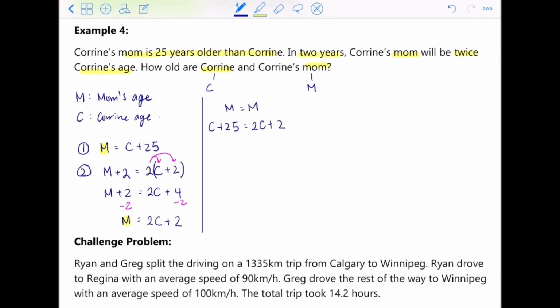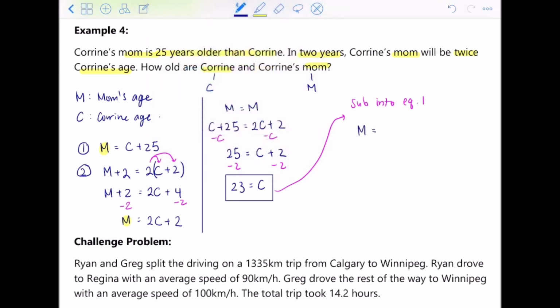Let's collect the like terms by taking away C on both sides. So we have 25 on the left-hand side, we have C plus 2 on the right-hand side. I'm going to subtract 2 so I can collect the constants together. So we have C equals 23. We're going to sub this back into one of the equations. Sub into equation 1.